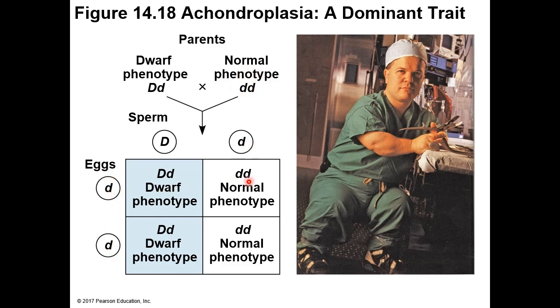We cross them together, a heterozygote with a homozygous recessive individual, and our chance of getting dwarf offspring is 50%, and normal offspring is 50%. And on the right, we can see the phenotype for dwarfism.